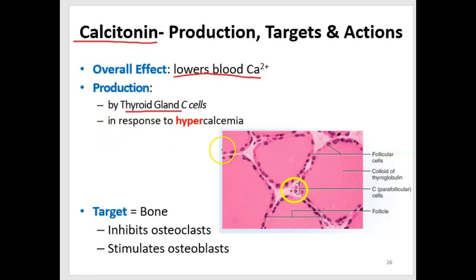So in response to high calcium, hypercalcemia, these cells will produce calcitonin.